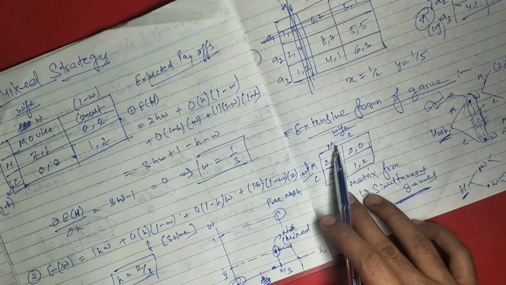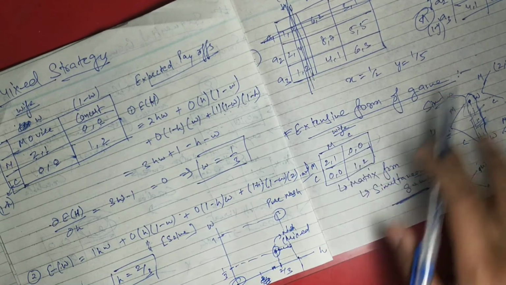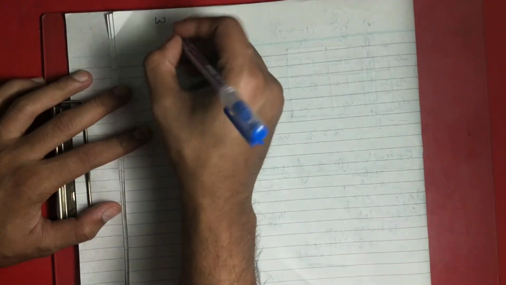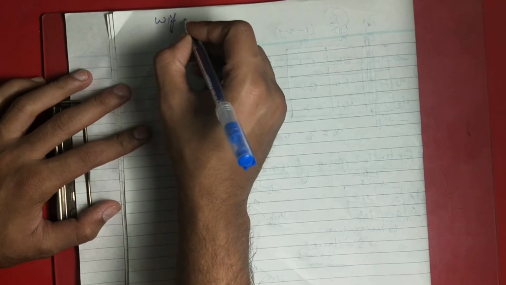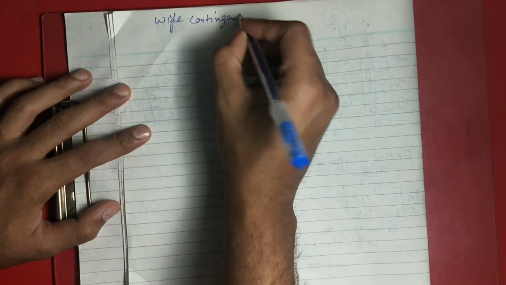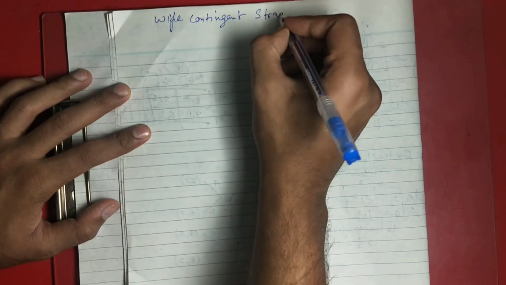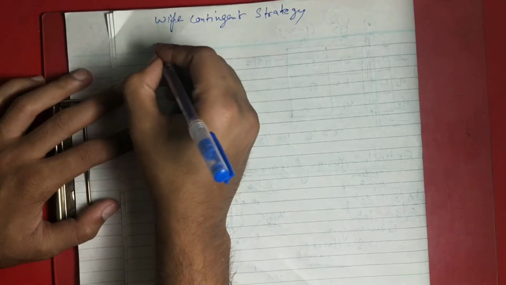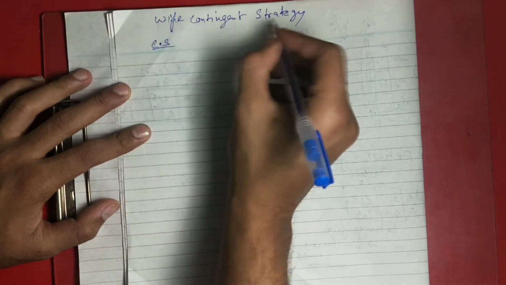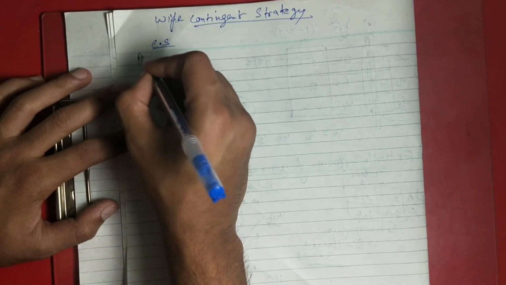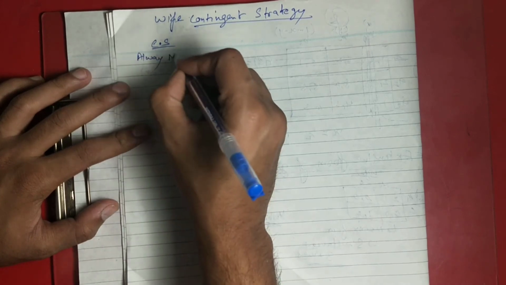movie or concert. So what will be the contingent strategy for wife? I am writing here wife contingent strategy. Okay guys, CS is short for contingent strategy. So the first option is always movie.